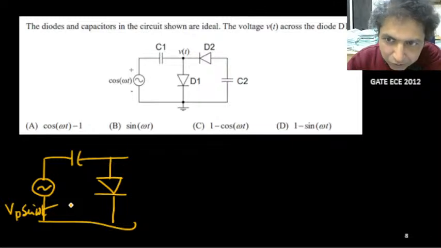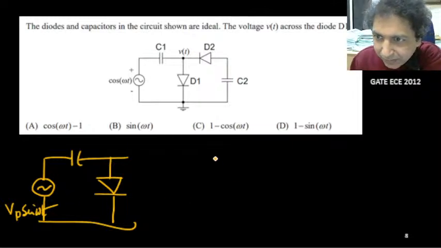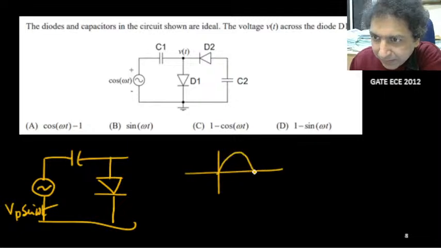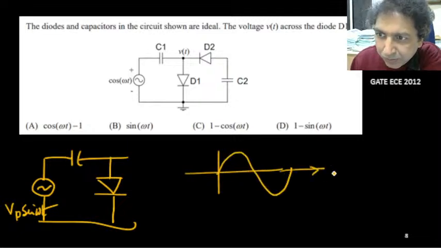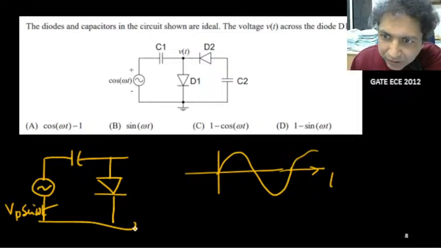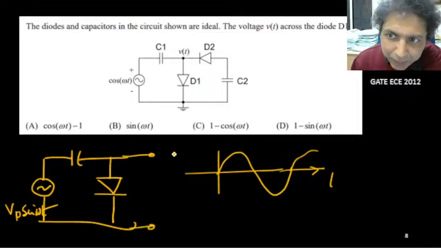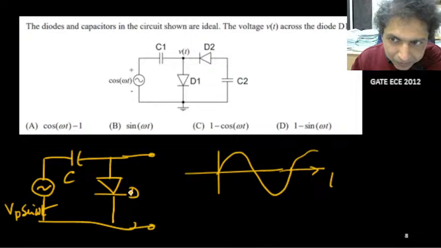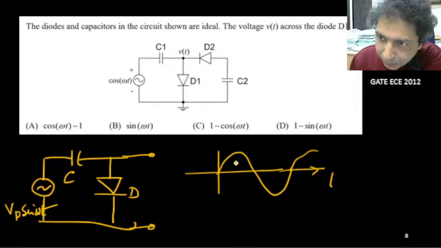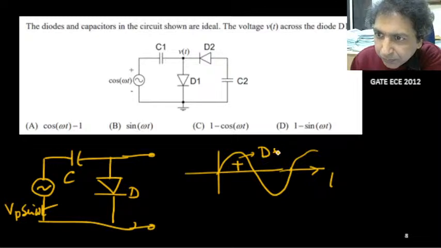So when it is positive half, like this, this is the input Vp sin omega t. I am considering only this capacitor C and this diode D. So for this positive half, what is happening? The diode will be on. Why? Because the current can flow this side.